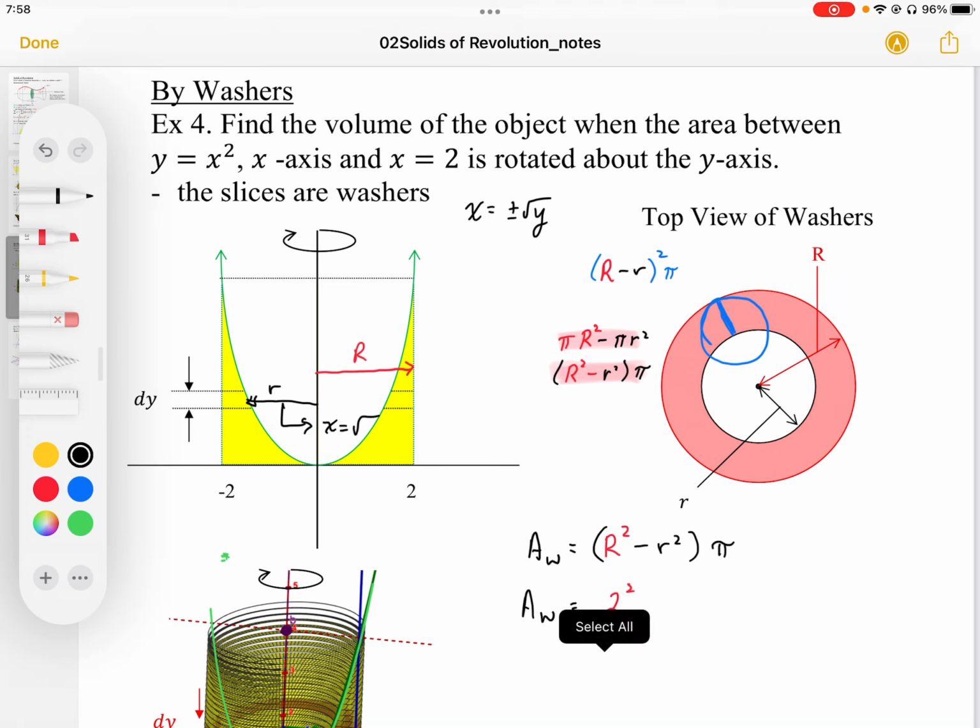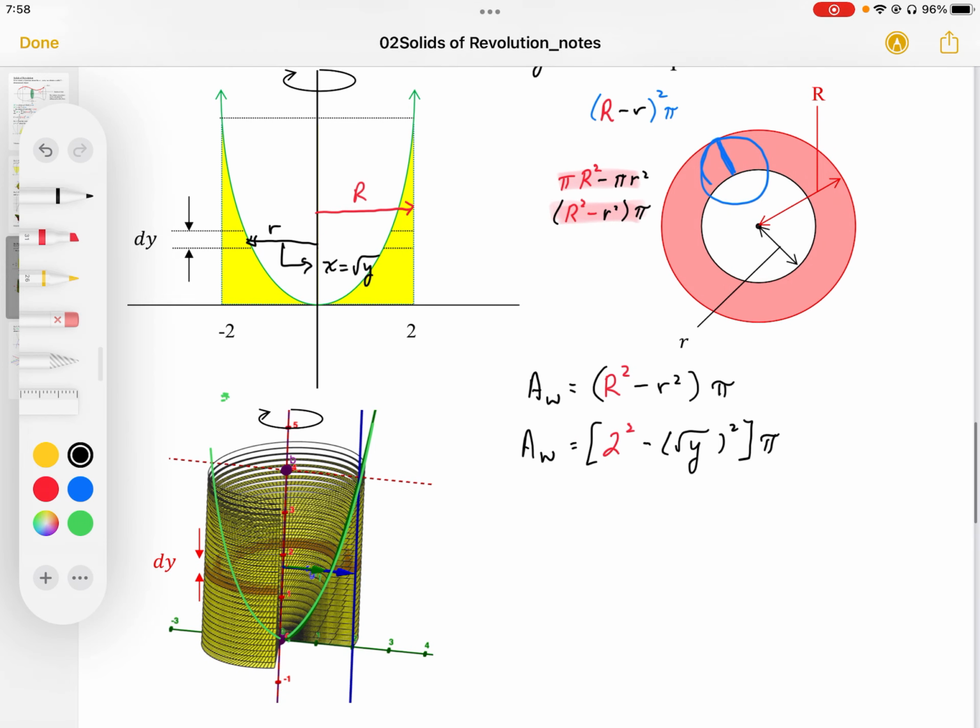So this is going to be 2 squared, minus the small radius squared, and the small radius is determined by root y. And if I multiply that all by pi, we're going to end up with our cross-sectional area.